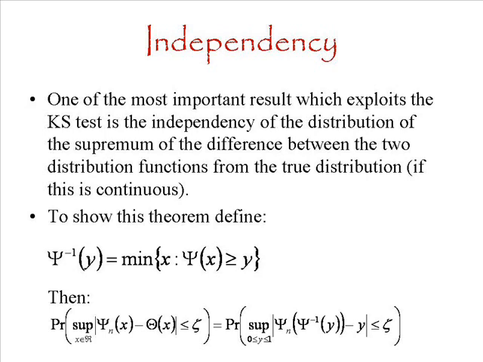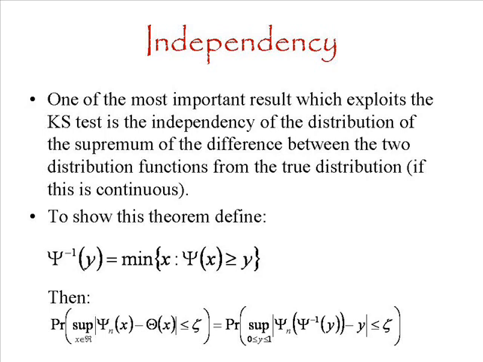let's define the inverse function capital psi of a given value y as the minimum x such that the cumulative density function capital psi is greater or equal to y. Then the following expression is true.